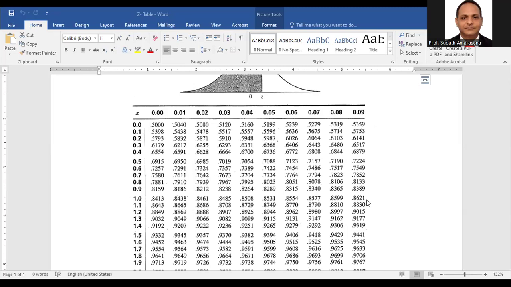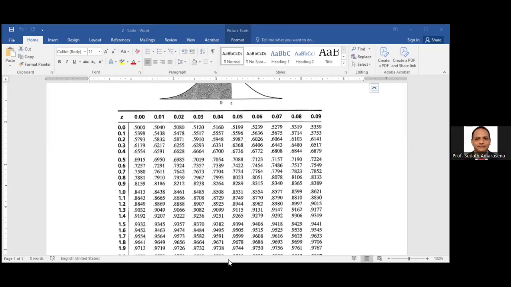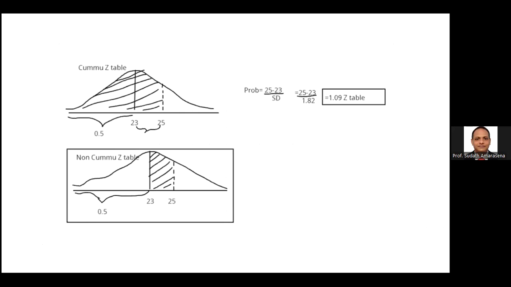Within 20 days. If you are going to calculate within 20 days, again, we can draw the normal distribution curve. In the middle, we know that expected completion time, we require 23 days.